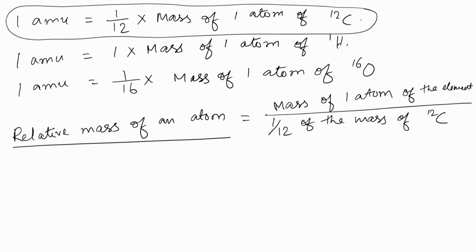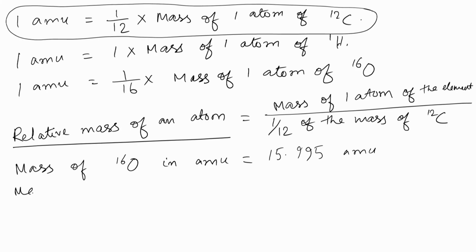By this method, the mass of oxygen-16 on the AMU scale is 15.995 AMU. The mass of nitrogen-14 on the AMU scale is equal to 14.003 AMU, and so on.